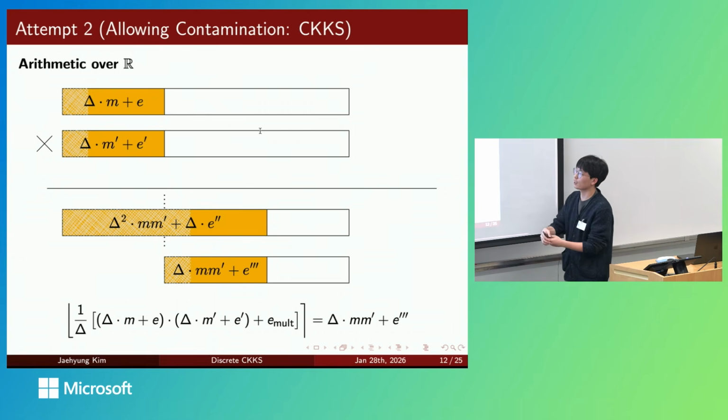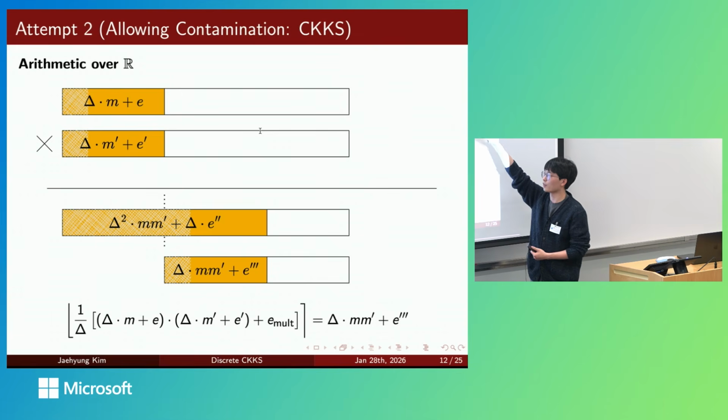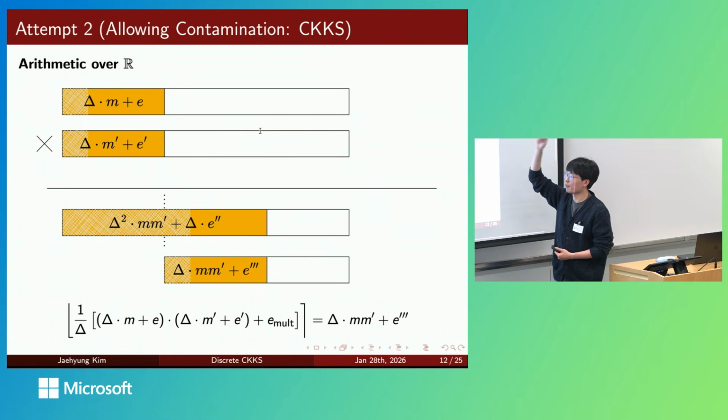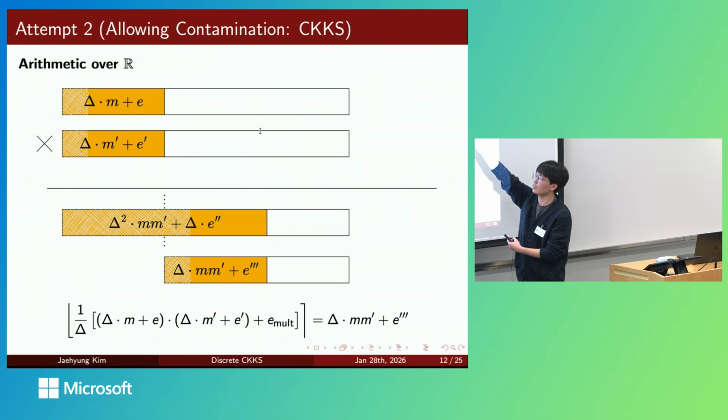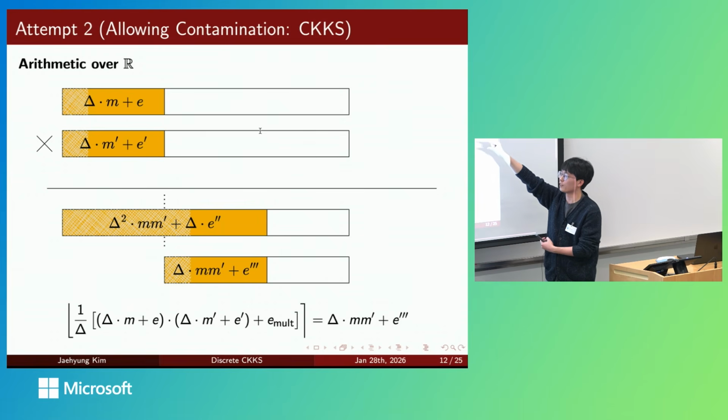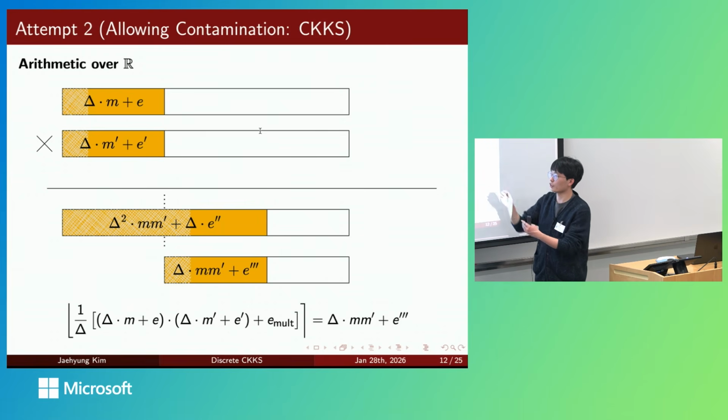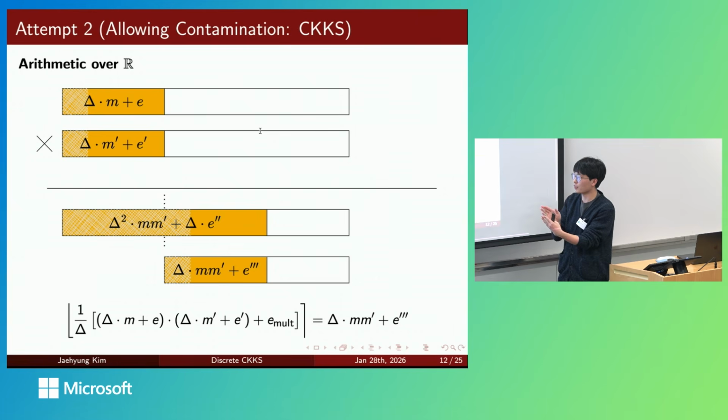So we have real numbers m and m prime, and we increase these real numbers by some scaling factor delta. So we try to preserve some kind of precision, but still these messages will live with the error, accumulated in the least significant bits.